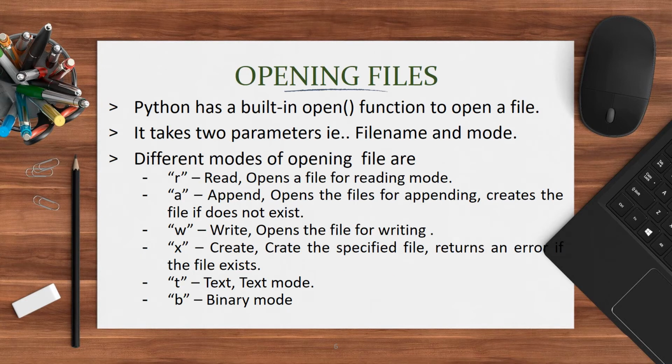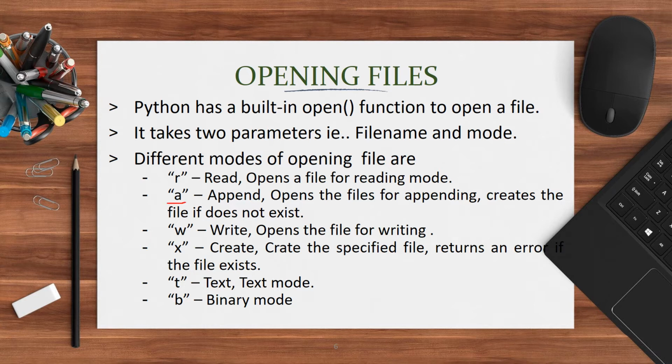So how to open files? Python has a built-in open function to open the file. It takes two parameters as arguments, the file name and the mode. We have different modes of opening the file. R indicates read, and it opens the file only in read-only mode.